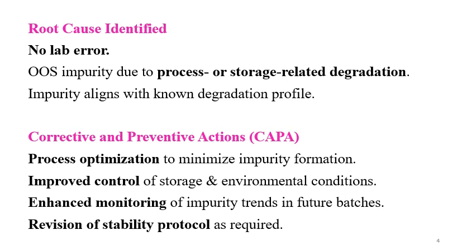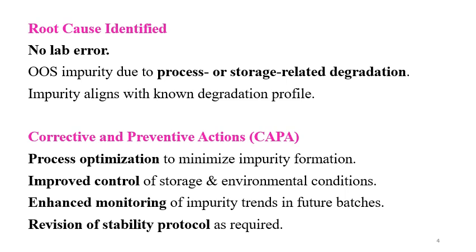In the first stages, you identified whether there is any lab error or not. In the next stages, you identified that the degradant is the impurity and it is due to storage related problems or higher temperature during the storage or process.